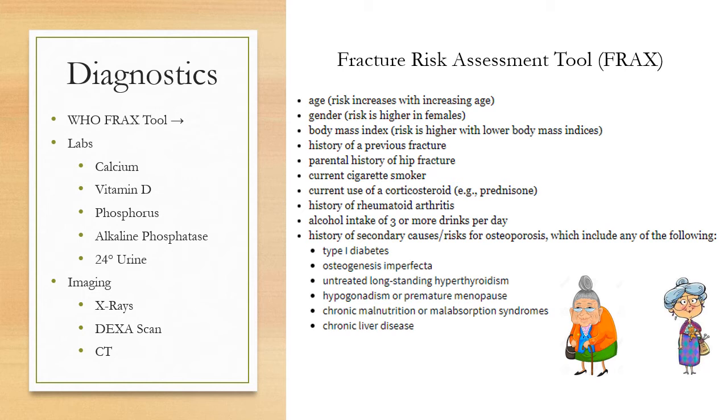So taking corticosteroids is definitely a risk factor for osteoporosis. History of rheumatoid arthritis. So that would be a risk factor. I would say the biggest risk factor with that history is that you're typically taking corticosteroids sometimes to treat the underlying rheumatoid arthritis.